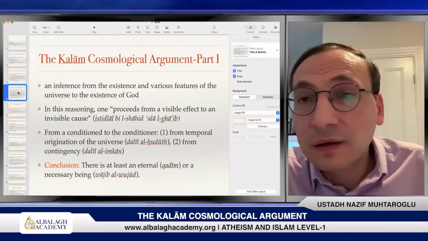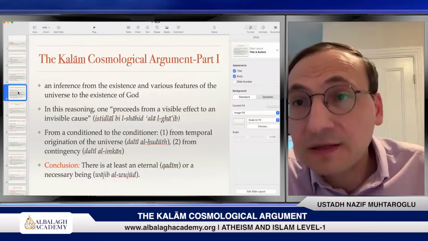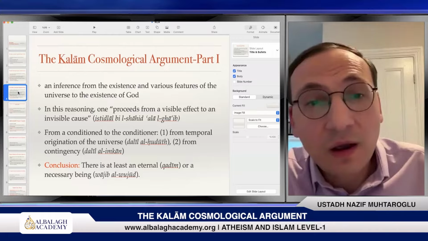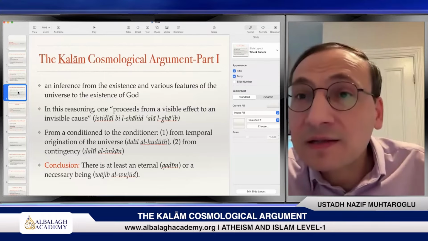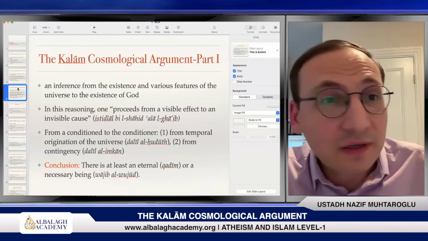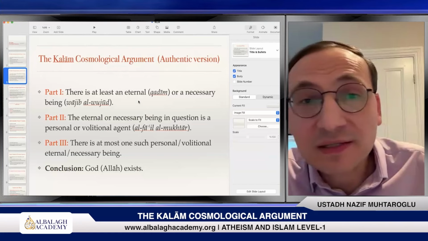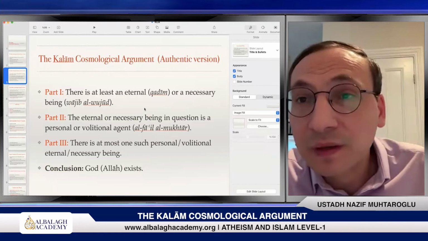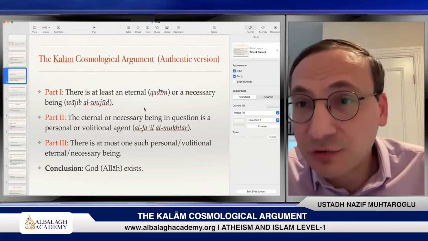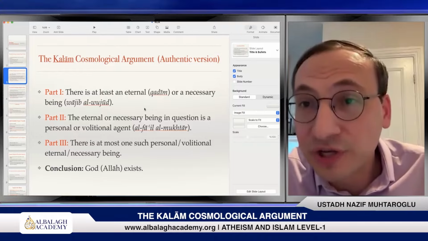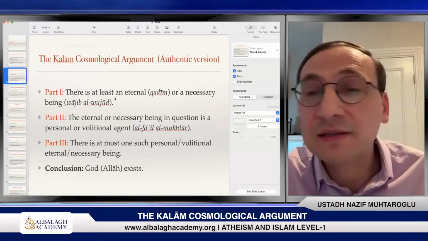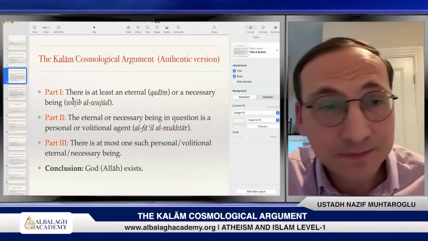Last week, Hamza Karamali must have covered the Dalīl al-Imkân, so I will not talk about it in this section. However, Dalīl al-Imkân is another version of showing this first part here: there is at least one eternal being. So, Dalīl al-Ḥudūth or Dalīl al-Imkân, the contingency argument or the argument from temporal origination, serve the purpose of showing that there is at least one eternal being.